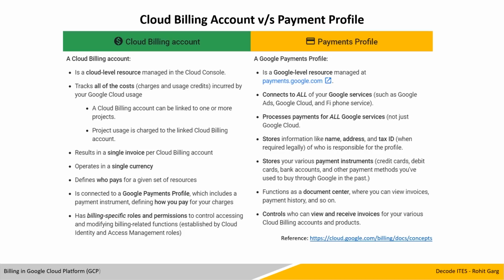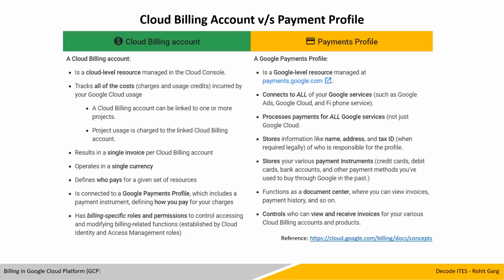It operates in a single currency, whereas payment profiles can work in multiple currencies and are applicable for payment options across the globe. A cloud billing account defines who pays for a given set of resources. This is the internal thing for your organization, whereas a payment profile stores the payment instructions, how the actual payment will be made, either through credit card, checks, or your bank account details.